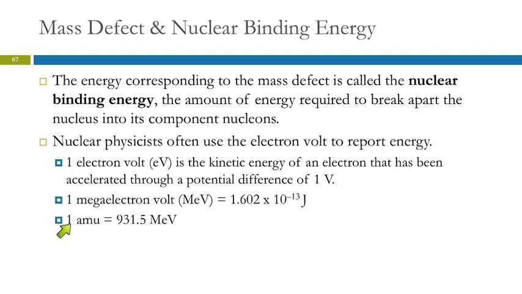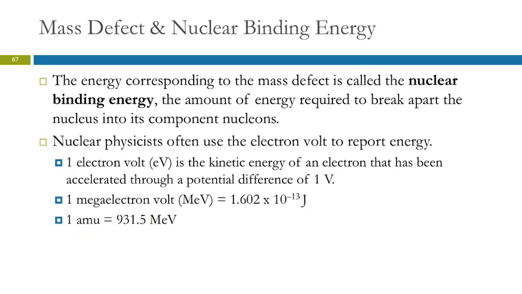But you can take one atomic mass unit and convert that to energy using Einstein's equation, E equals mc squared. You'll get that silly unit of atomic mass unit meters squared per second squared, which you can convert into kilograms meters squared per second squared. And you can use this relationship to get into mega electron volts. And that's where this comes from, is converting this amount of mass into energy.